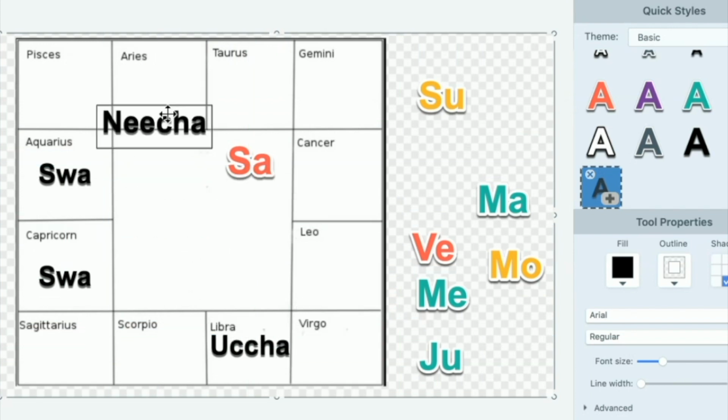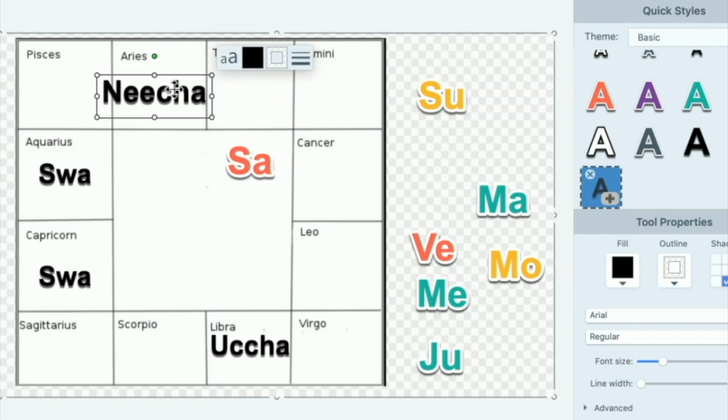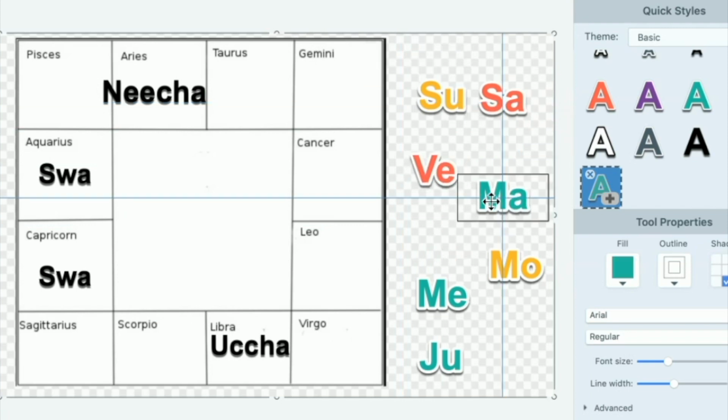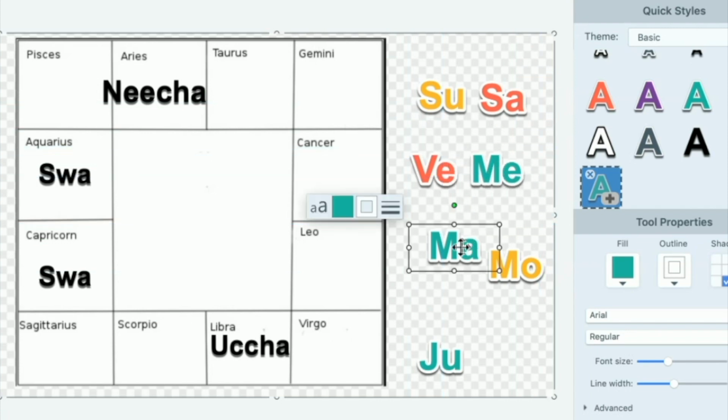And where is it debilitated? In Aries. Yes. So what's one good way to remember why he and Sun have opposite exaltation and debilitation? Venus and Mercury also have opposite exaltation and debilitation.